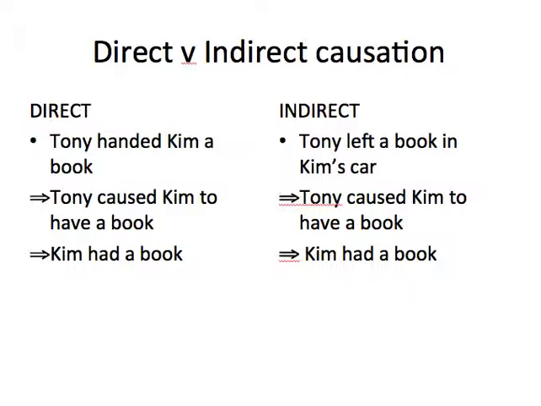So we can have direct causation and indirect causation. And notice the entailments are the same for the direct and the indirect causation, but of course the particular way those causatives are described differs: a direct causative as in handing something to somebody, and an indirect causative such as leaving something in somebody's car.